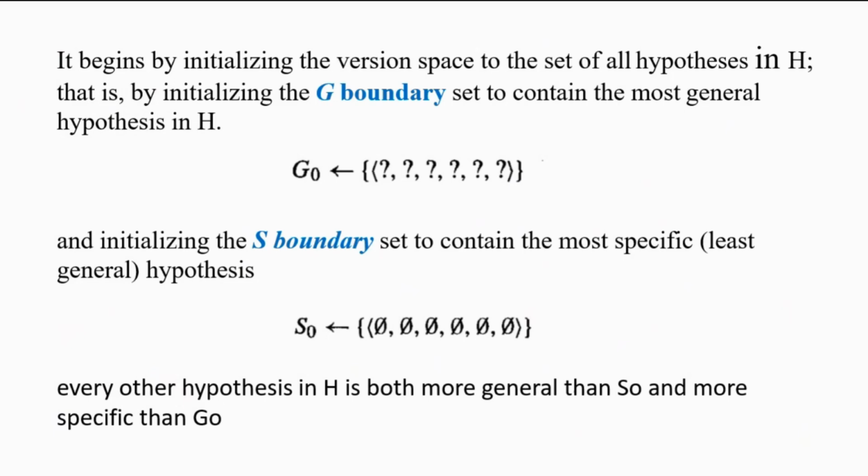Every other hypothesis in H is both more general than S0 and more specific than G0. With that assumption, we are moving. We set a boundary where G is most general and S is most specific. So whatever hypothesis we find will be between these two.